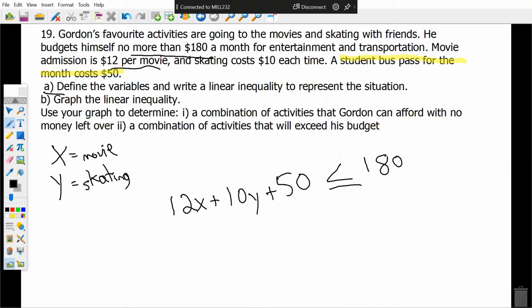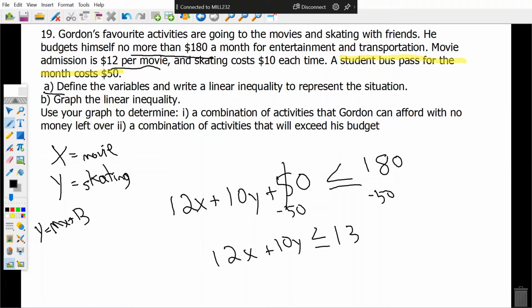To graph it, we need to get it into y equals mx plus b form. Okay? So I would minus 50 from both sides first. 12x plus 10y is less than or equal to $130.